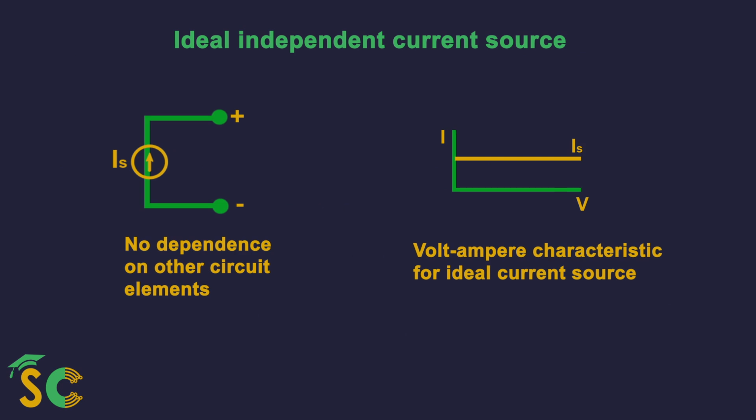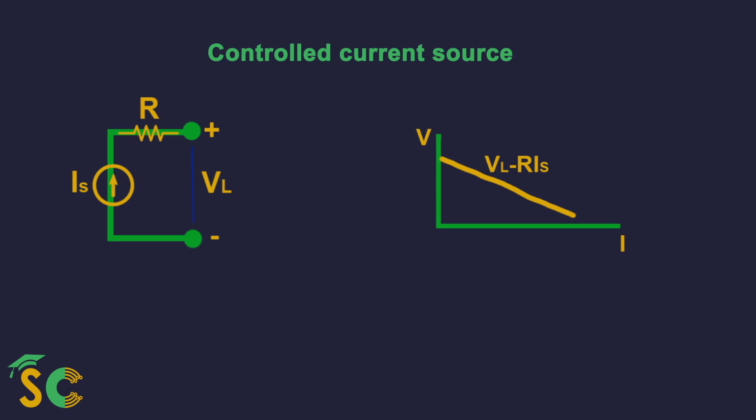Here you can see the circuit and volt-ampere characteristic of an ideal current source. Here you can see the circuit and volt-ampere characteristic of a controlled current source.